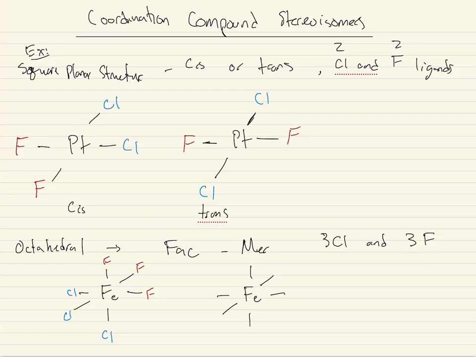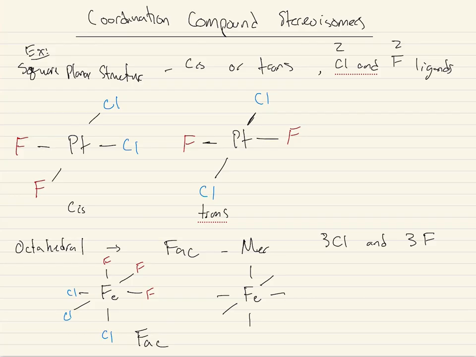So for example, this triangle right there and this triangle right there, both of those have all of the same ligands on both sides. So that's what we call a FAC isomer.